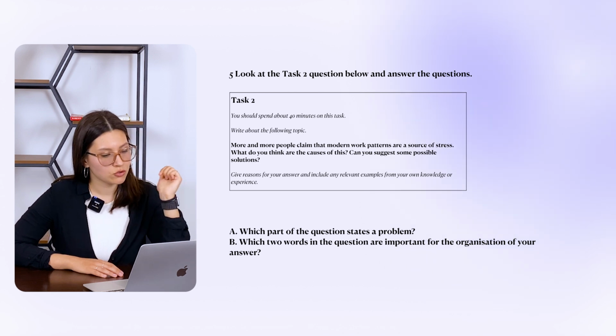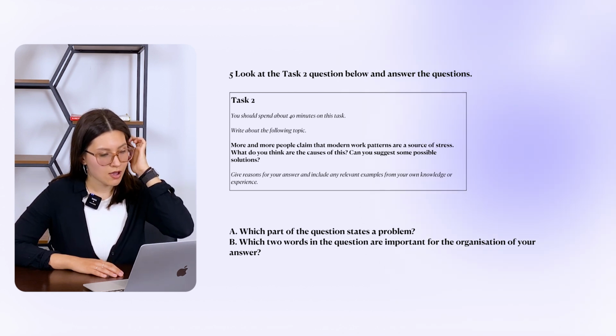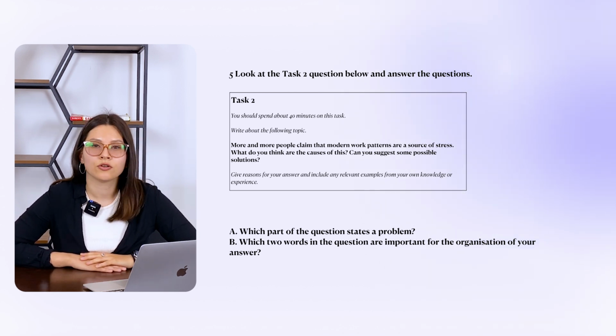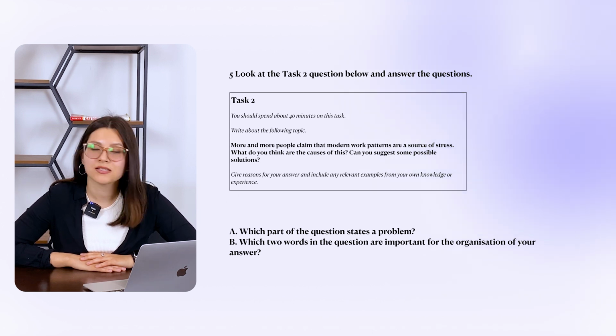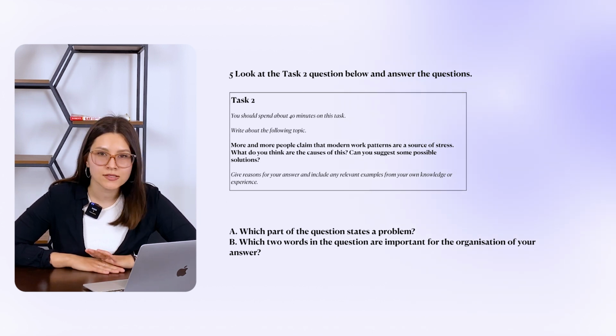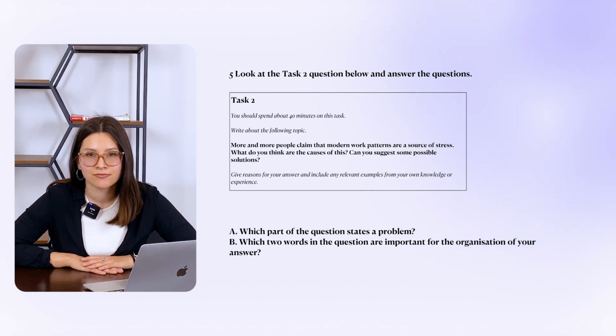Next, which 2 words in the question are important for the organizing of your answer? Definitely, you've got some organizing words, which are, in this case, causes and possible solutions. So it's a cause and solution essay. I guess it's simple, right?